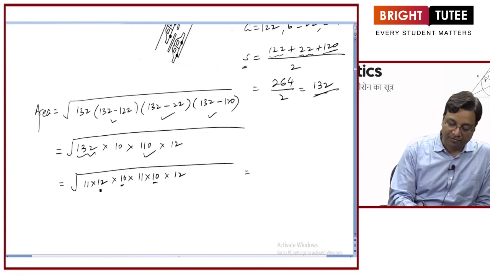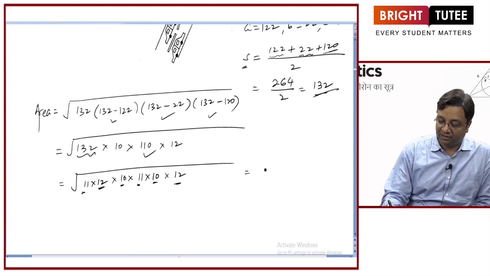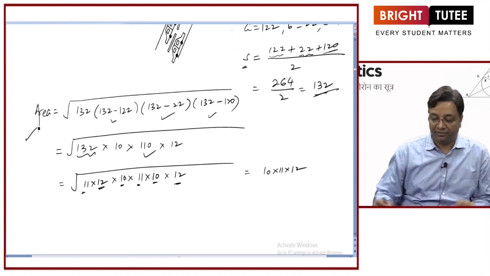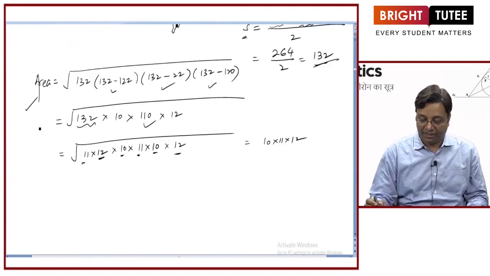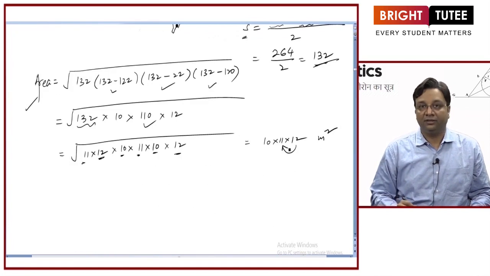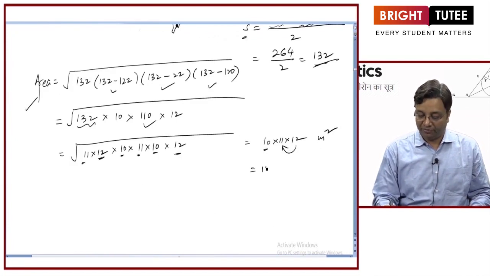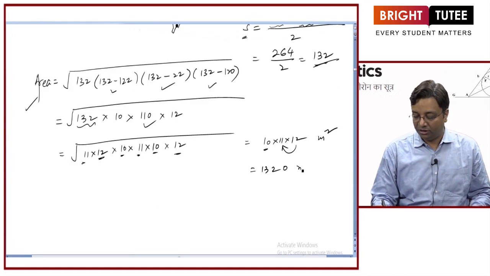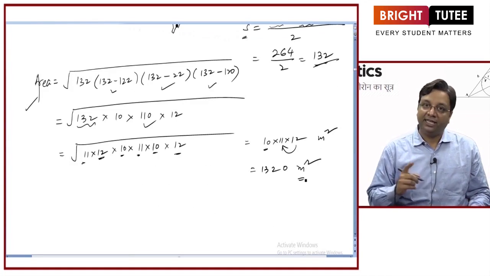So I have got a pair of 12, a pair of 11 and a pair of 10. So my answer will be 10 into 11 into 12 for this area, in meter square. 12 into 11 is 132 and into 10 will make it 1320 meter square. So I have got the area of that region.